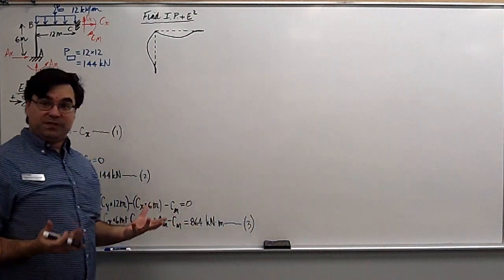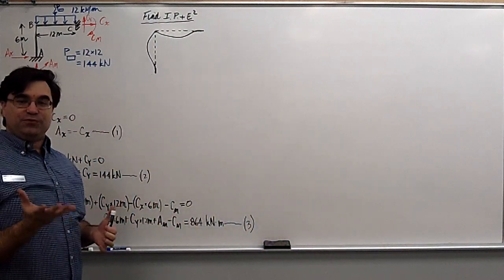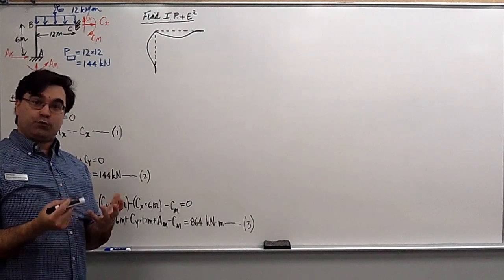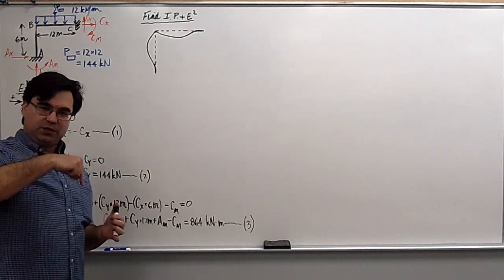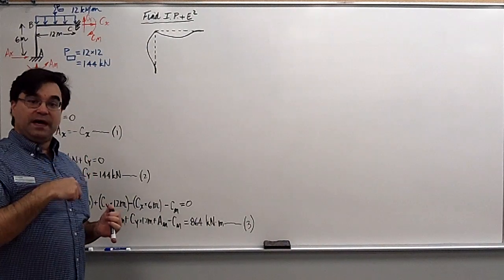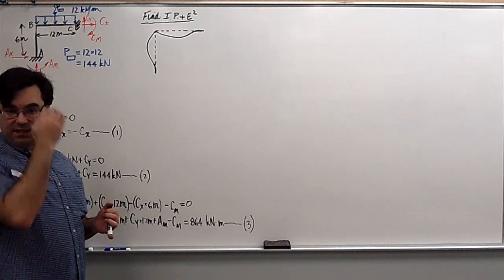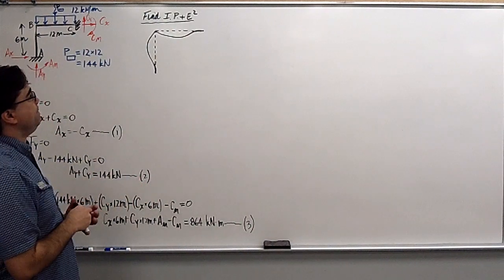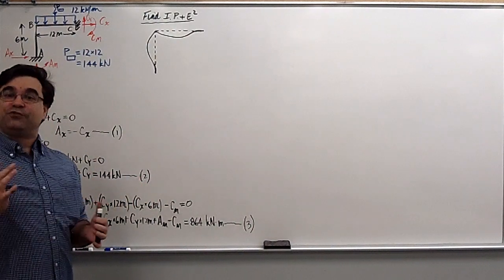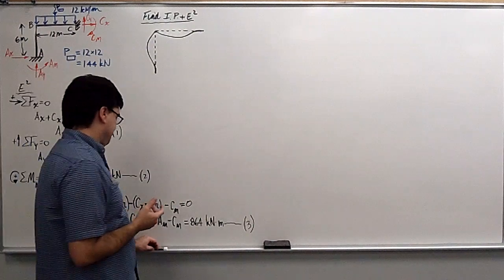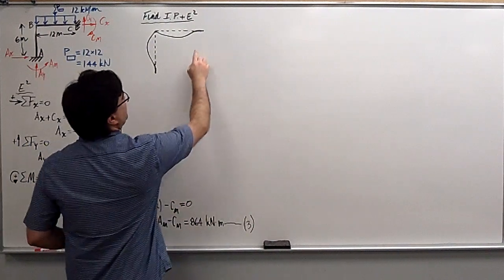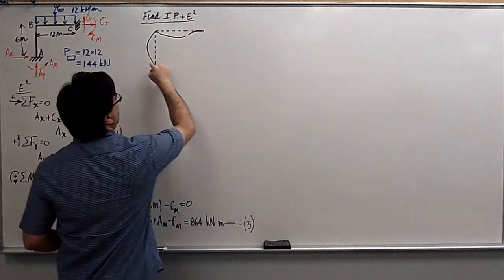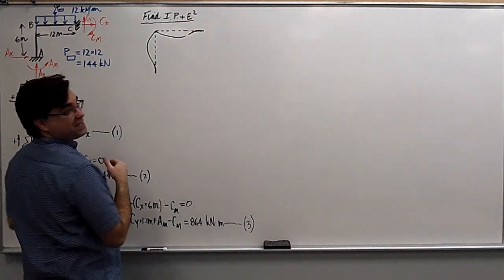Now the nice thing about this is that already, if you remember the assumptions that we made about inflection points, our rules of thumb, which I'm going to link to as a video below, summarizing the 3 types of inflection points that we're going to use for this, link below. We're going to get the following obvious ones. 1, there's going to be one somewhere here at a distance from the fixed support.